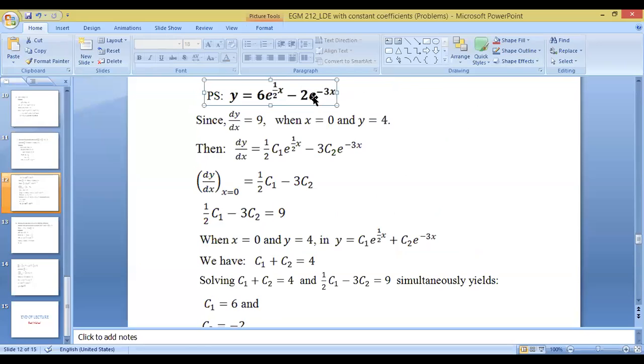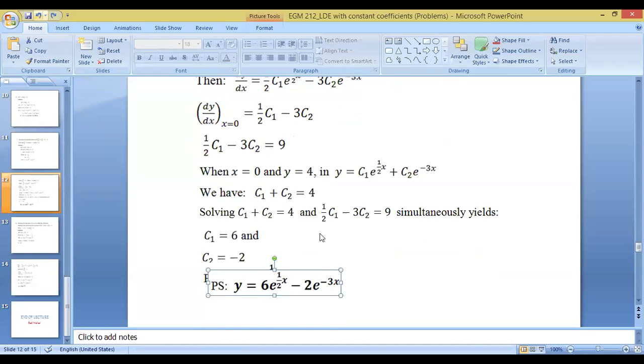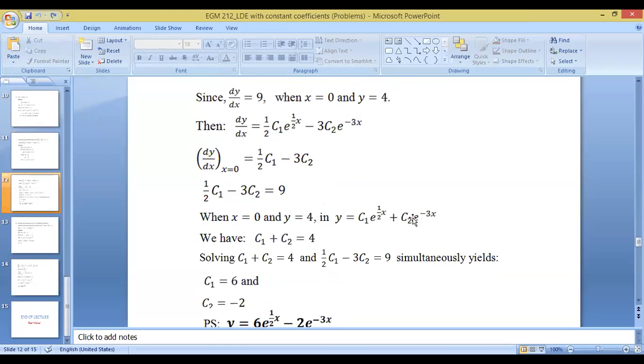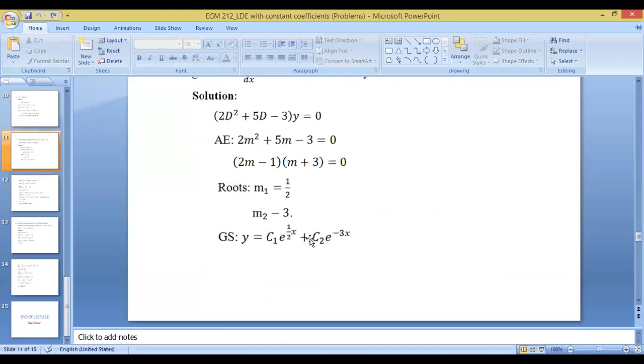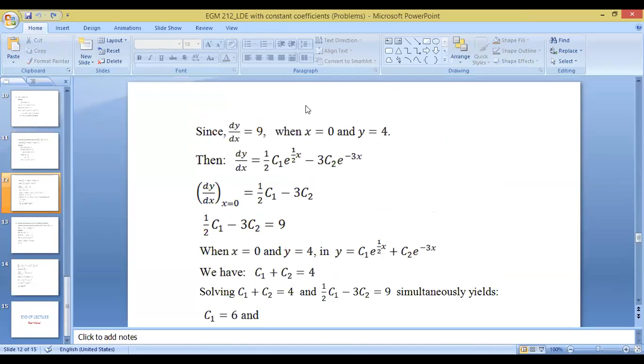No, not this. I've moved something wrong here. Where is the general solution? Didn't I copy it? Copy and paste it here.